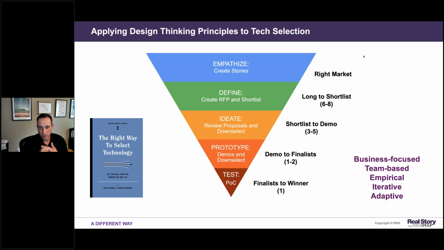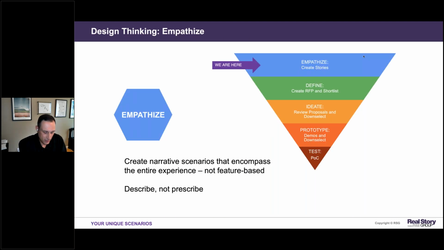We're ideating, we're going through proposals and demos, and then we're doing some real hands-on prototyping and testing to find out who is the best fit for what it is you're trying to do. So let's go into each of these phases just briefly here.